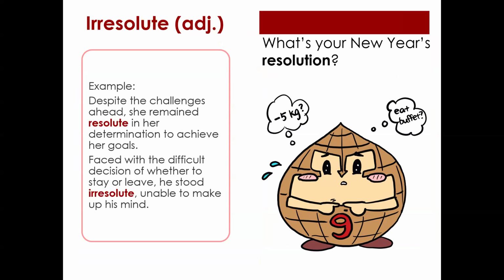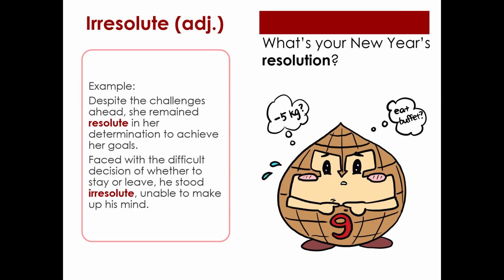It's the plan that we set for ourselves at the beginning of the year, maybe lose 5 kilograms, maybe learn a second language, what have you. So you can see the peanut guy here. He's trying to set a New Year's resolution. Should I lose weight? Or maybe I should just pig out and eat buffet, right? So he couldn't decide.